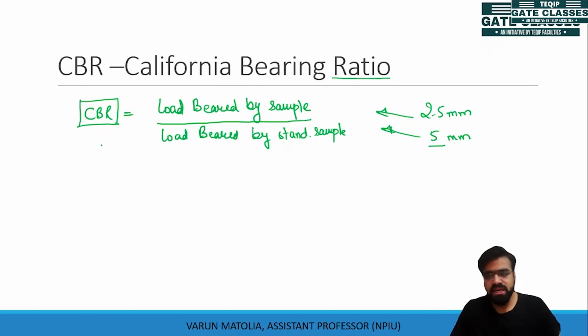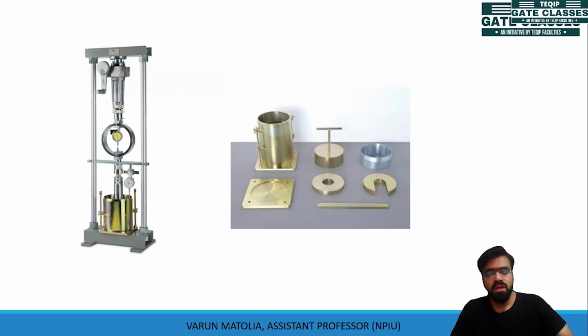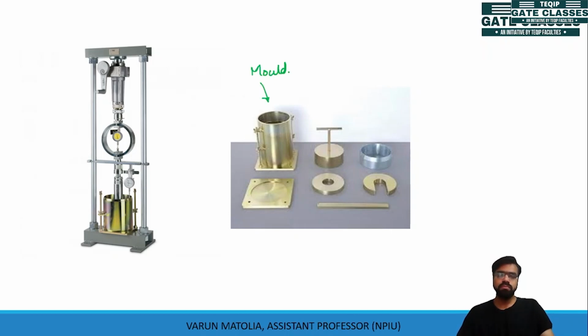In this test arrangement, this instrument is used. This is the mold. Mold has a collar. The actual height of the mold is 127 mm. The dia of this mold is 150 mm.